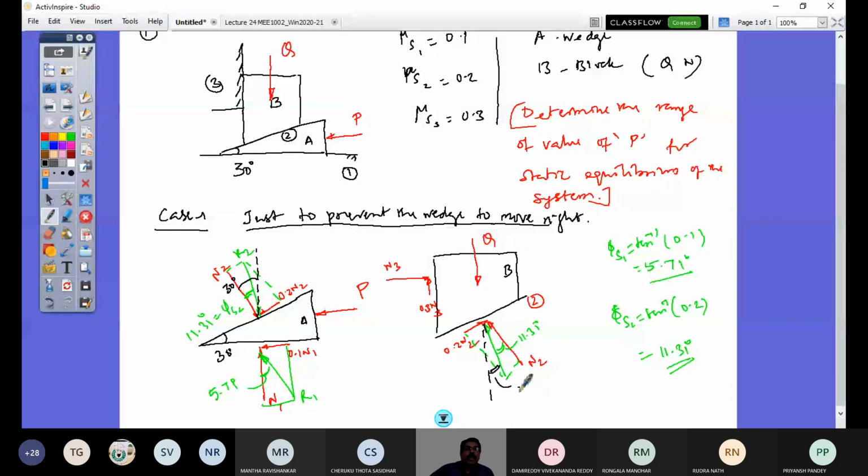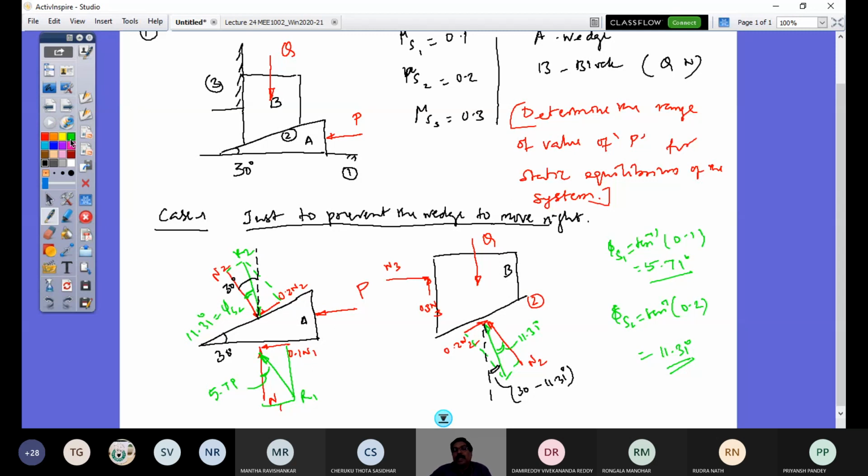And I can combine here these two. So if I combine, this is my R3, and this is the direction to this normal.